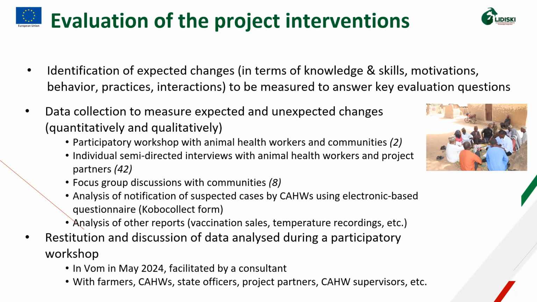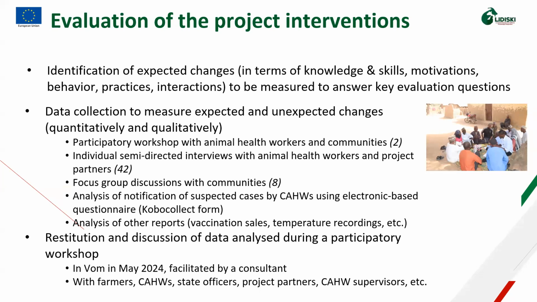In terms of motivation, are they really happy and looking forward to using the COBO tool that has been developed, for example? In terms of behavior, in terms of practices, so this is obviously, for example, implementing vaccination, and in terms of interaction, so this could be potentially the way cows will liaise with their supervisors.